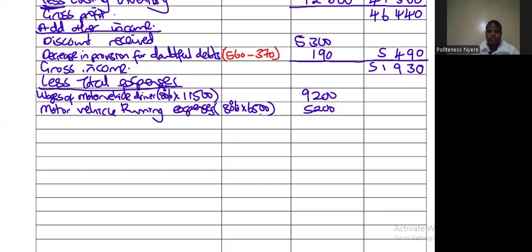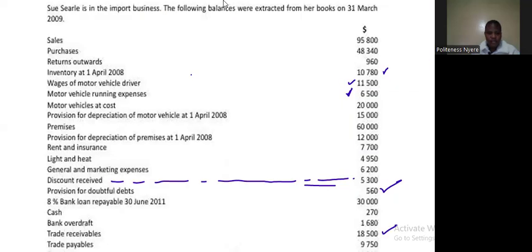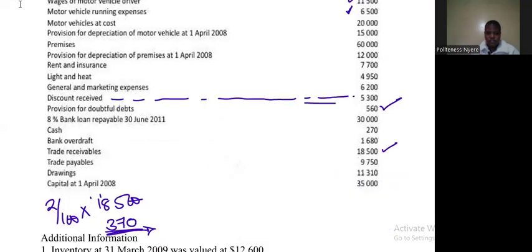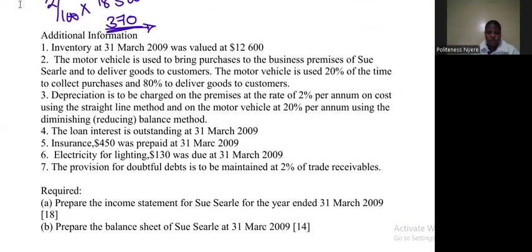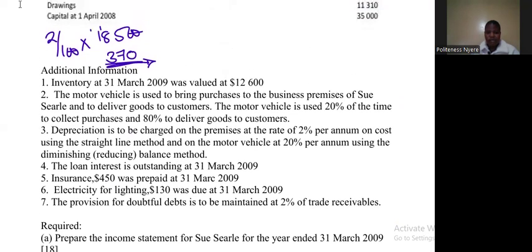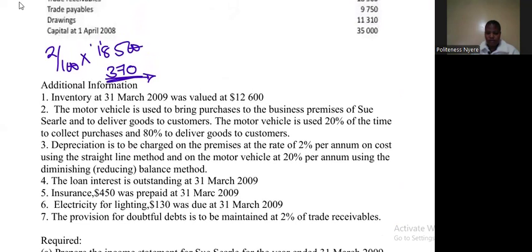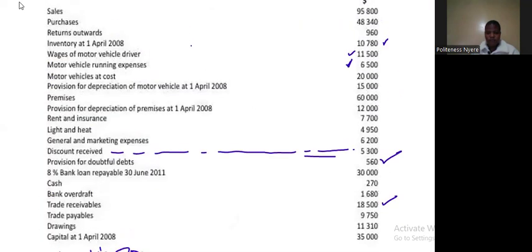So there we are. Then the next expense has to do with depreciation, right? So we have rent and insurance, which is 7,700. Let's check if we have any adjustments. We have insurance, 450 was prepaid. So we subtract prepayments.